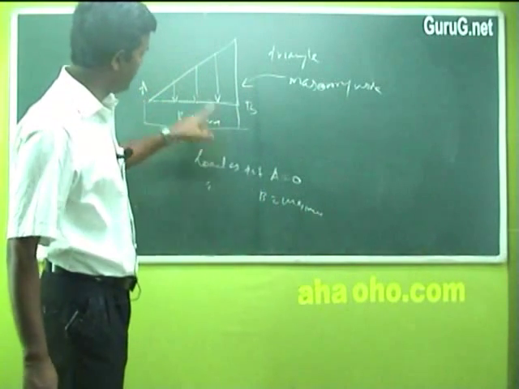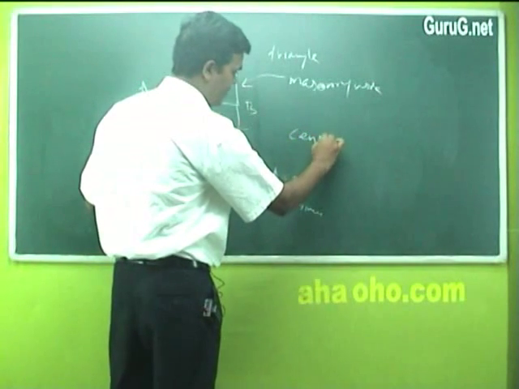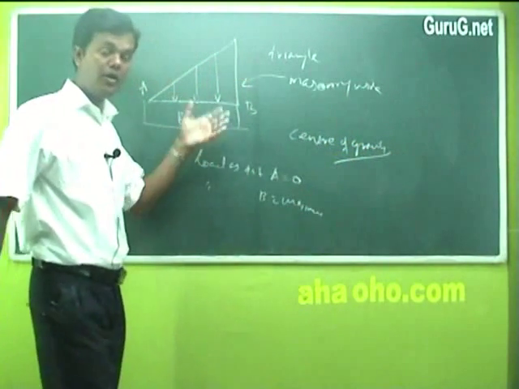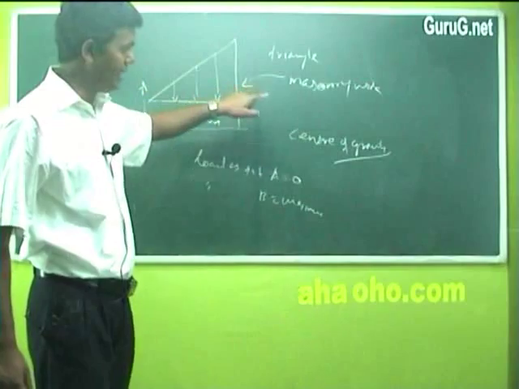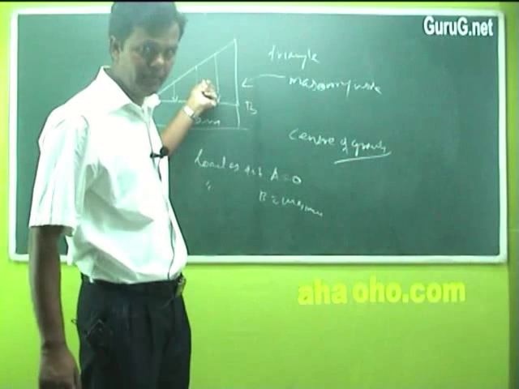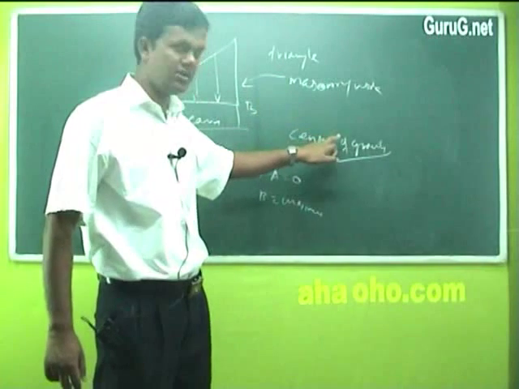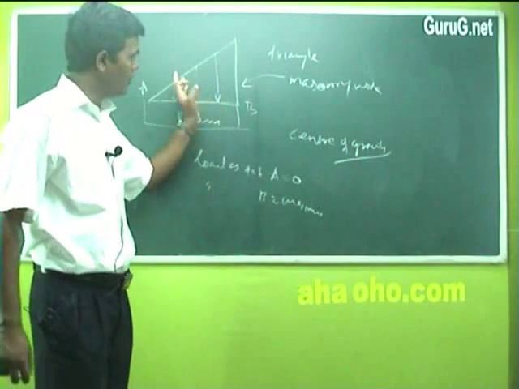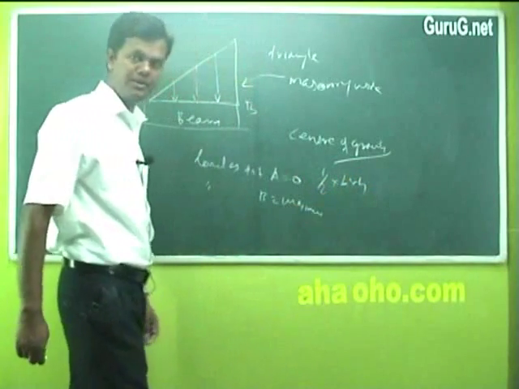But you have something called center of gravity, which means depending on the area of the shape of this body, for example a triangle, we will have to find out at what exact point the total load acts. We have to decide that the total weight of this body will act at the center of gravity. But before that, what is the area of a triangle? It's half into B into H, breadth into height.